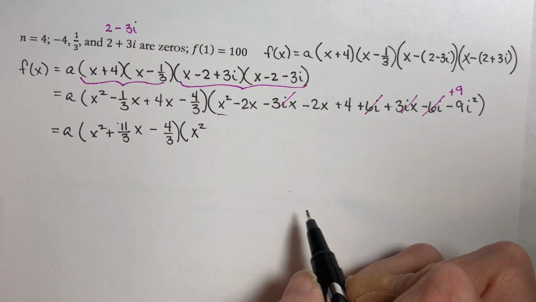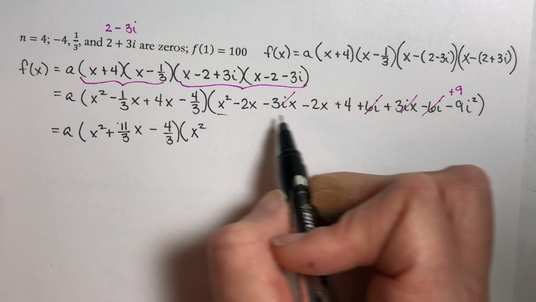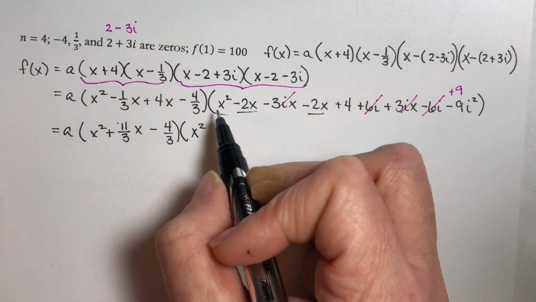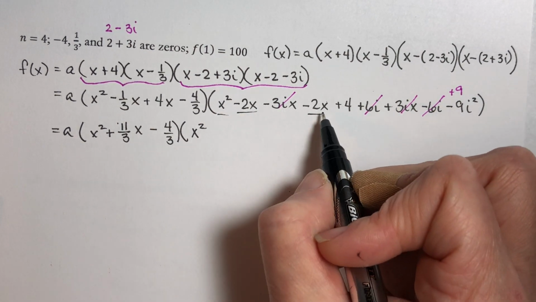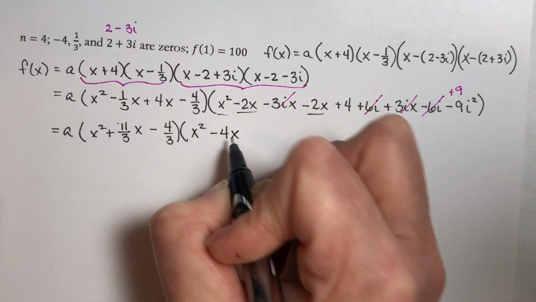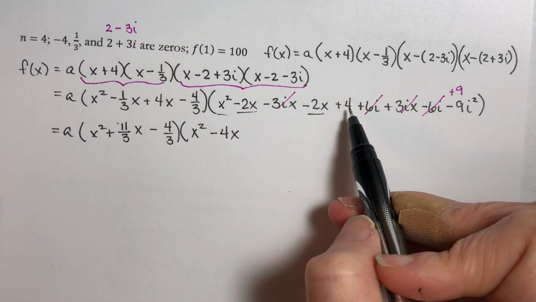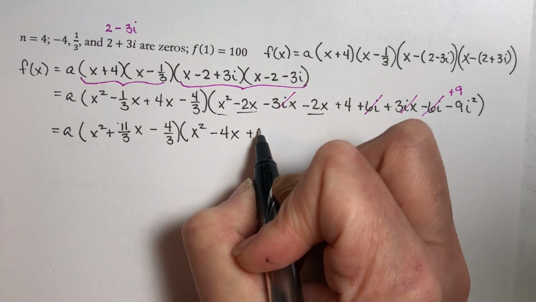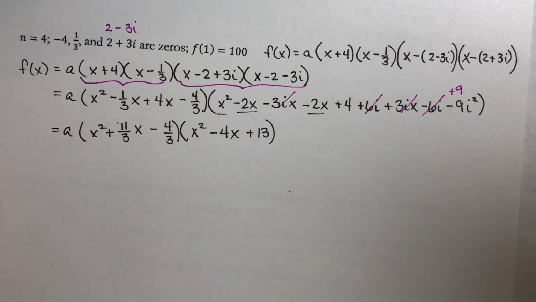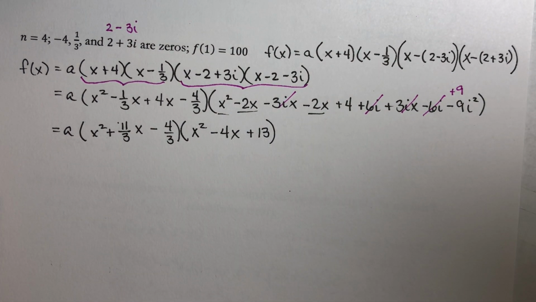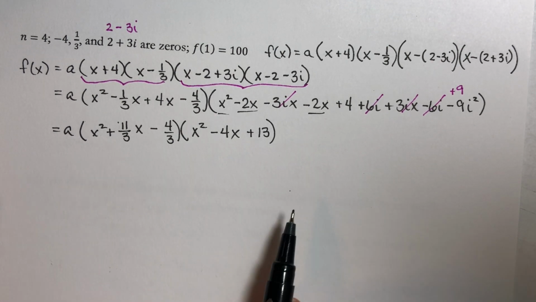I've used that one. Minus 2x minus 2x gives me minus 4x. And then I have 4 plus 9, which is 13. Okay, so this is getting a little bit better.